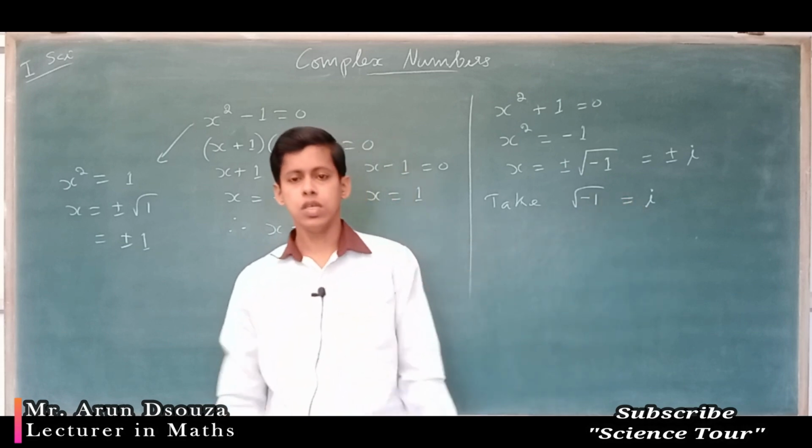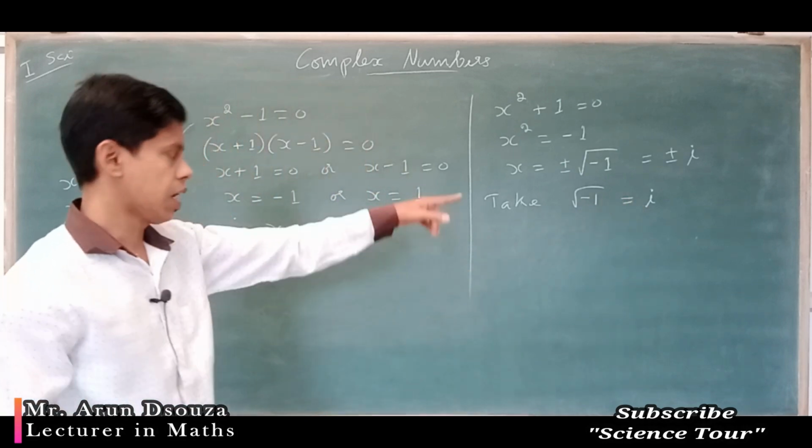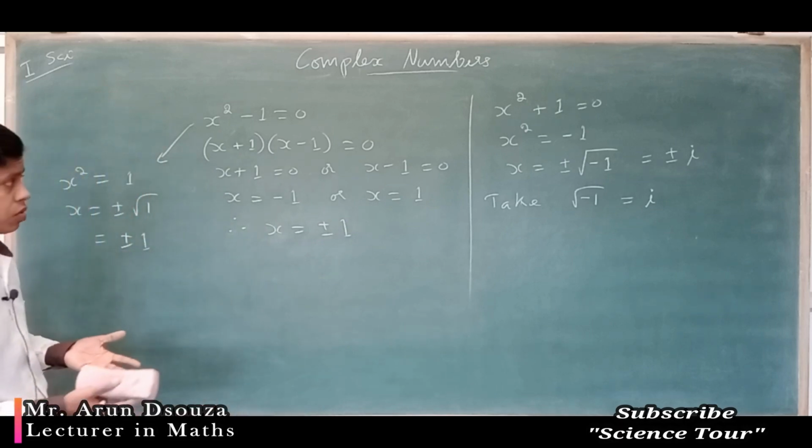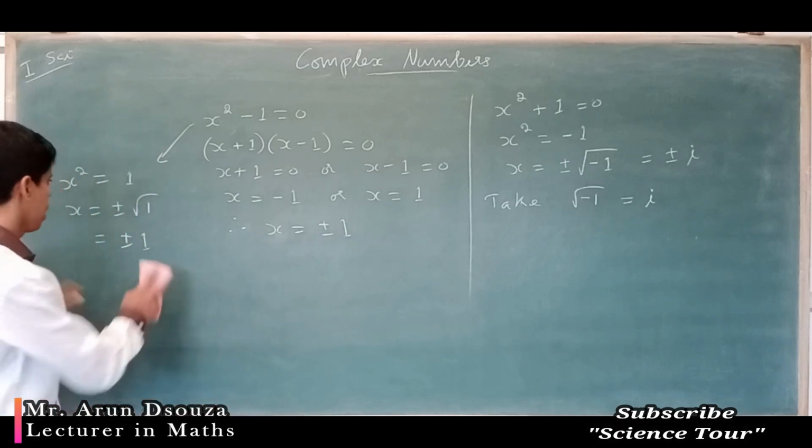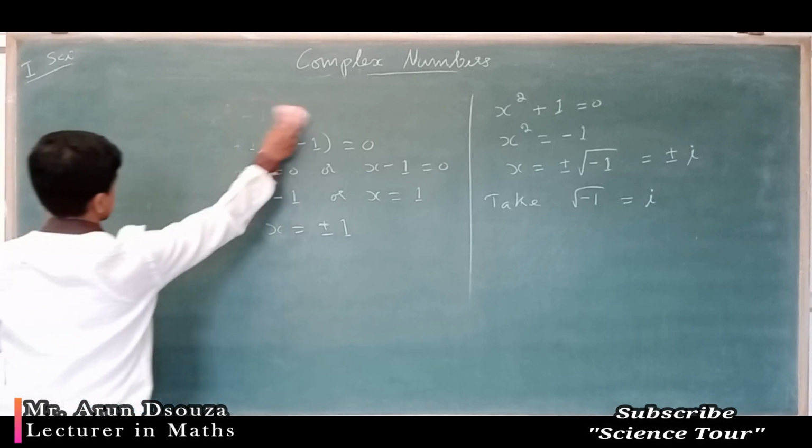Now let us come to the definition of the complex number. i is an imaginary number. Now how do we define a complex number?